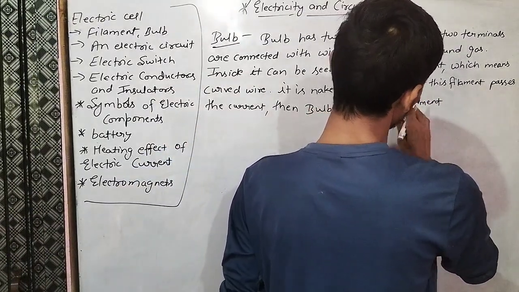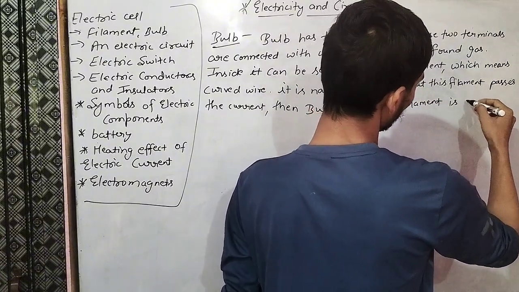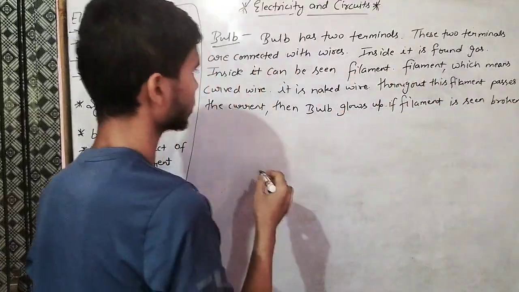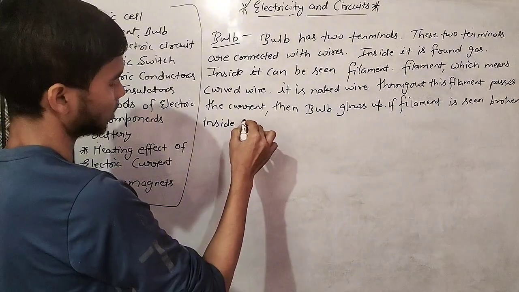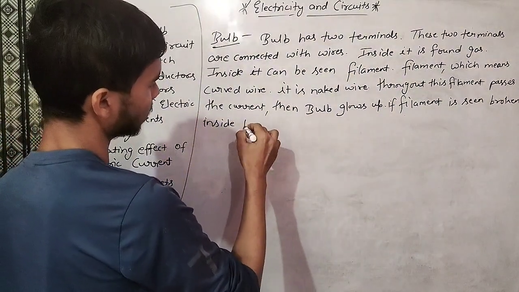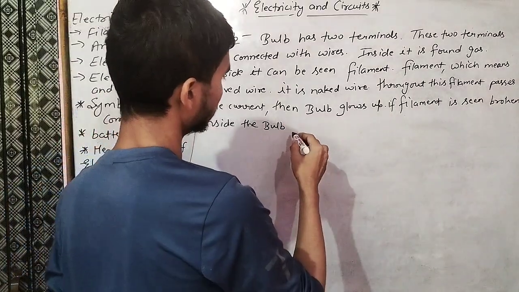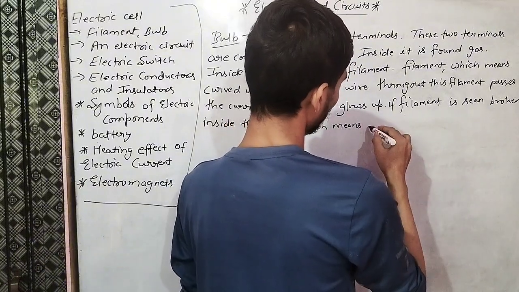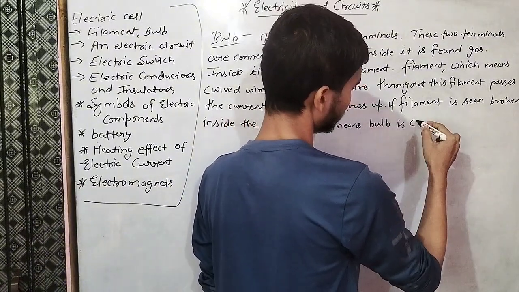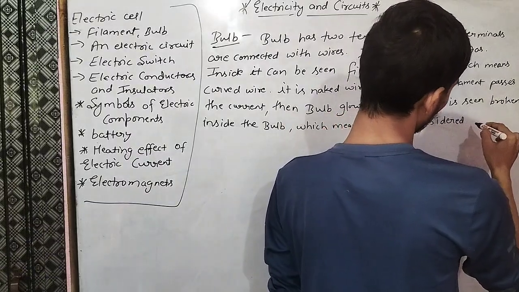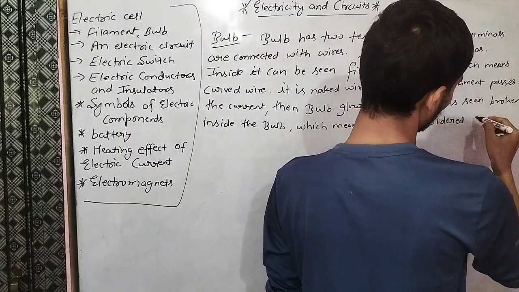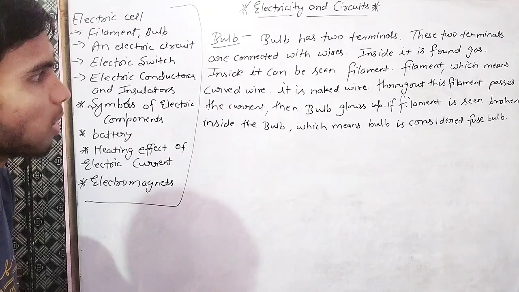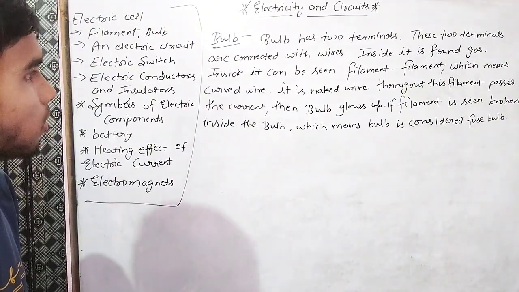If the filament is found broken inside the bulb, then the bulb is considered a fuse bulb.